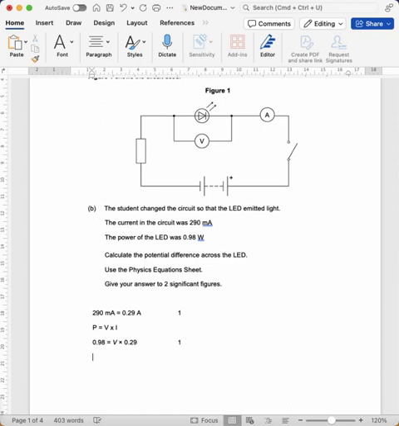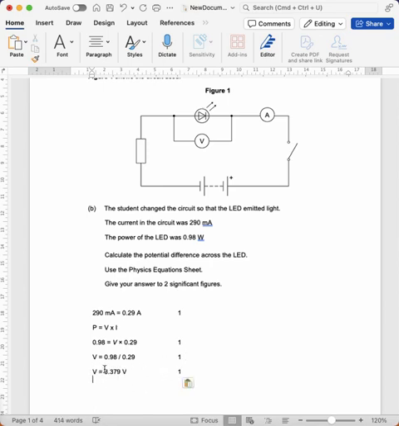So if we do that to both sides, V times 0.29 divided by 0.29 gives you V, and then 0.9 divided by 0.29, that gives our balanced equation. So all we've done here, divided both sides by 0.29. There's another mark, okay? So already we've got 3 marks out of 5. Next thing, for our 4th mark, nice and easy, put on the calculator, and this is what we get.